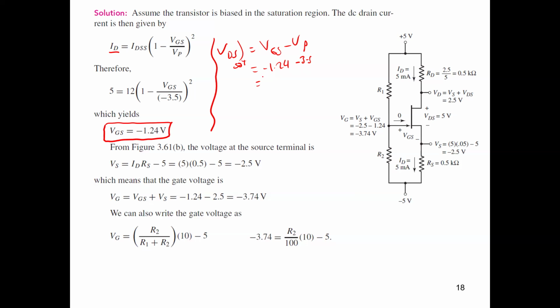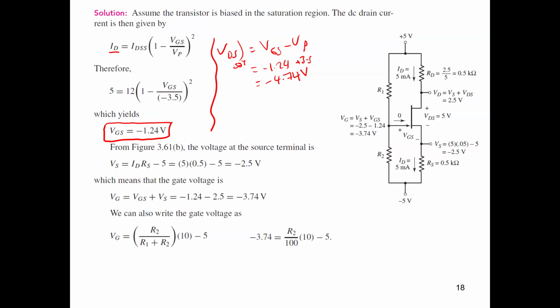Let me calculate that, guys, in the calculator here. So this is minus 4.74 volt, and V drain to source is 6. Sorry, this should be minus minus.